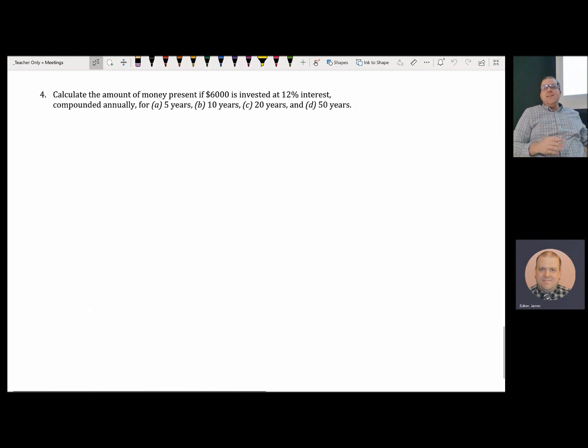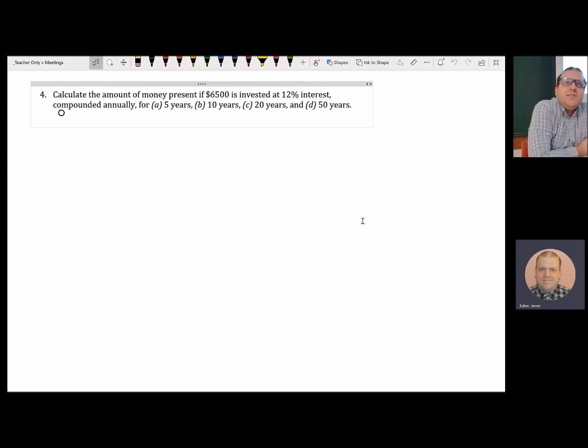I'm actually going to make a slight change to this problem. Instead of 6,000, we're going to make it 6,500 because the maximum contribution to an IRA went up this year to 6,500.